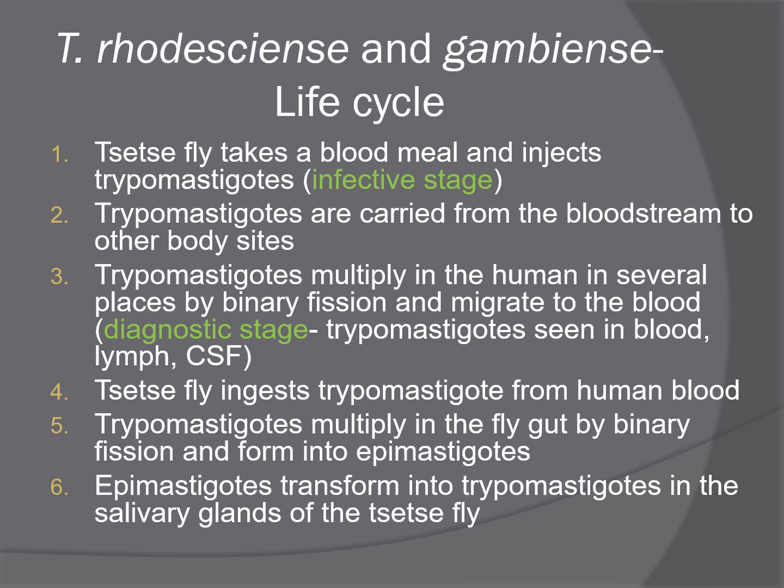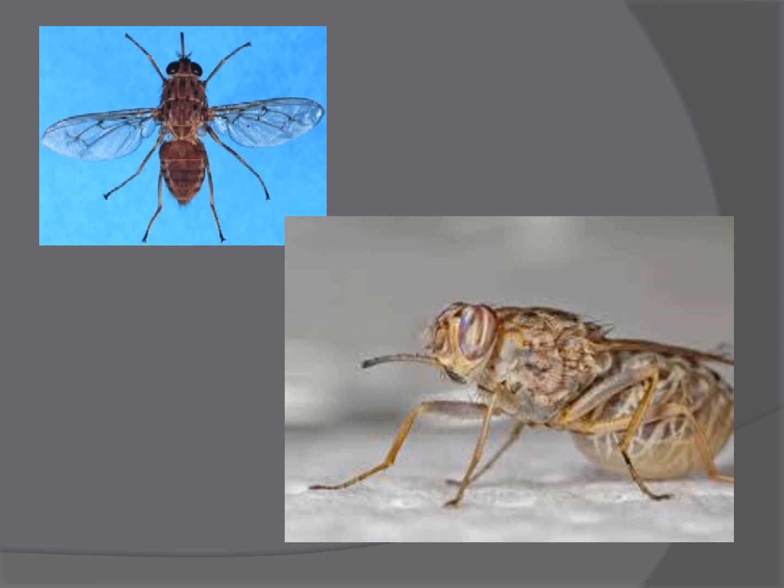The tsetse fly ingests trypomastigotes from human blood, and the trypomastigotes multiply in the fly gut by binary fission to form epimastigotes. Those epimastigotes then transform into trypomastigotes in the salivary glands of the tsetse fly. Okay, and then what happens is the tsetse fly takes the blood meal and injects those trypomastigotes, and the cycle starts all over again. So here's a picture of the tsetse fly.